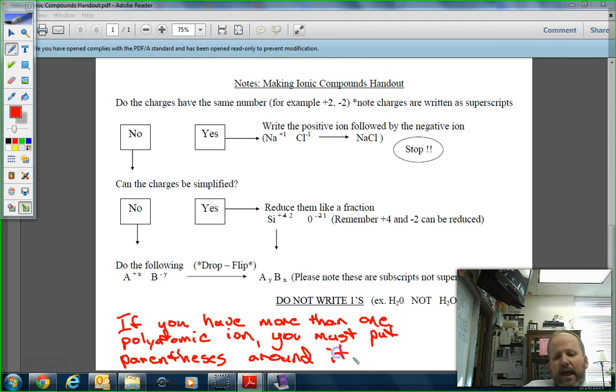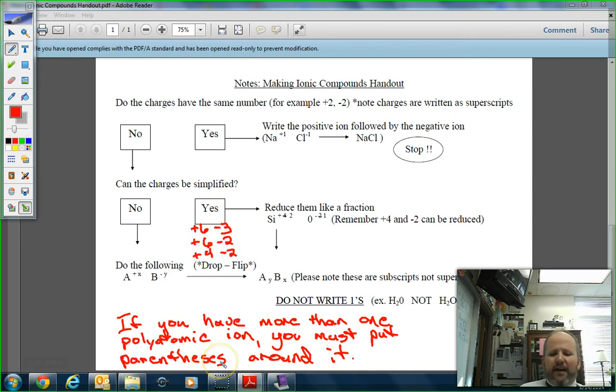Please do not get in the habit of simply just putting parentheses around everything. I don't know when to put parentheses around stuff, so I'll just put them around everything. Don't get in the habit of that. Use this flow chart, and I'll add this little thing that you should have in here as well.